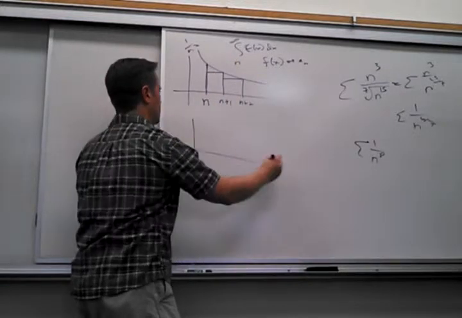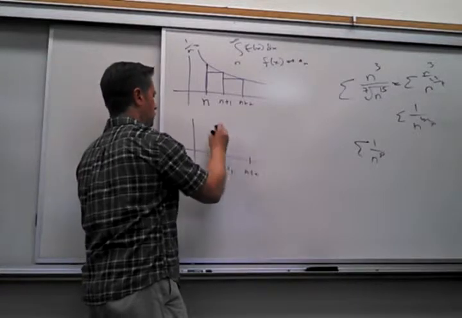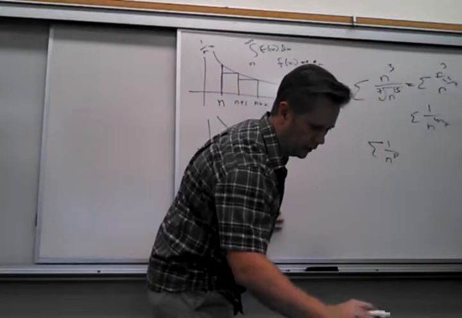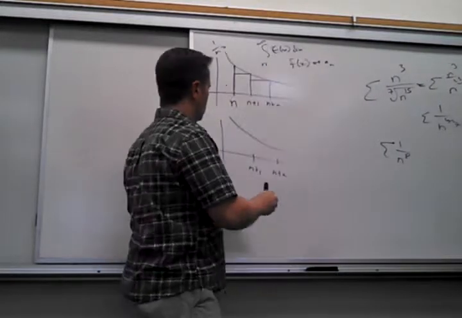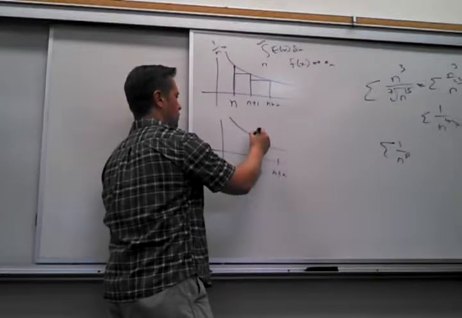if I go from, let's see, n plus 1 to infinity. And again, these pictures are on page 718 if you want some that are nicer. And I go over this time.